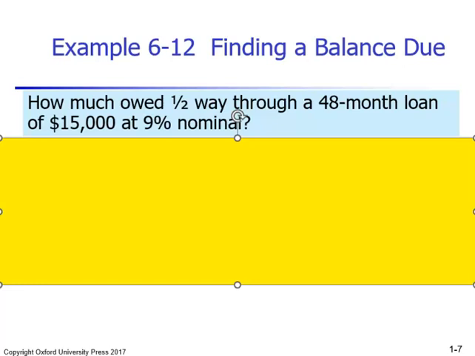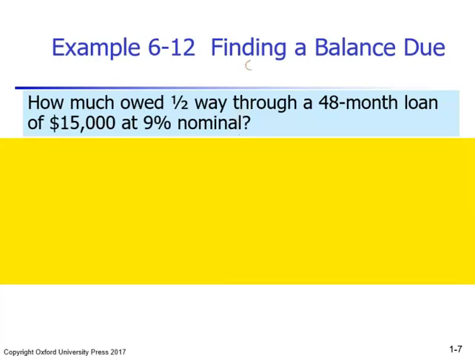When it is telling you 9% nominal, you already know that the payments are not annual. So 9% is just nominal. And what is the true interest rate? It is monthly, and it is 9% over 12 for each month.